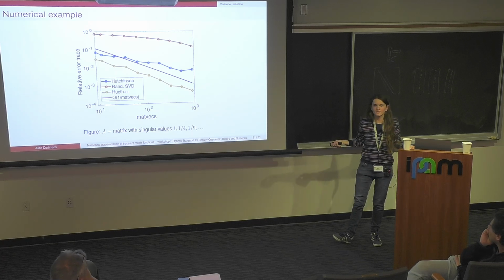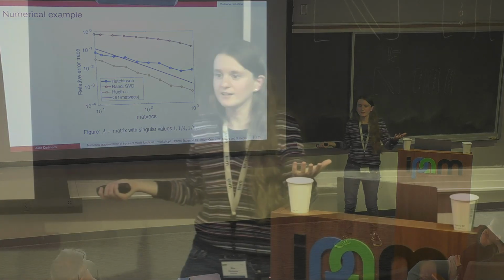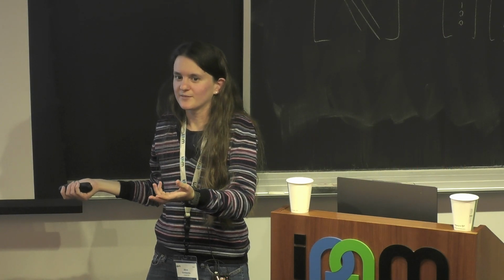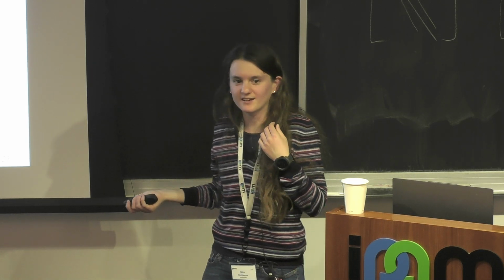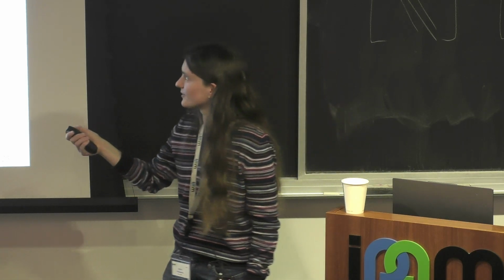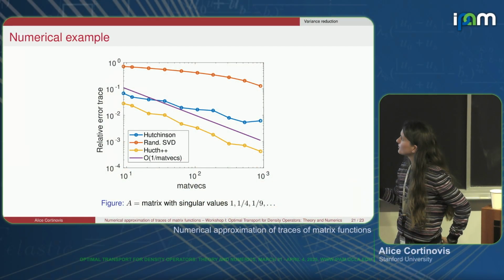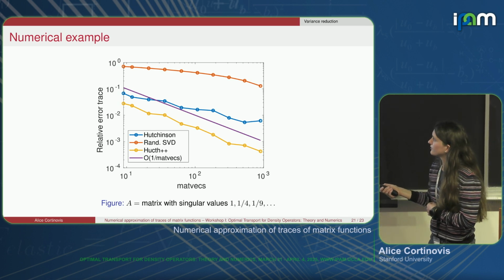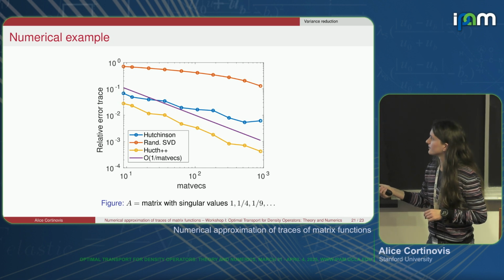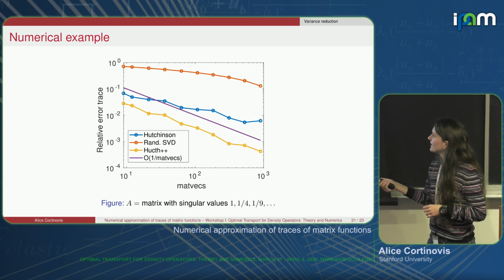Because one thing you could think of is, okay, I have a matrix A, I want to compute its trace. For this kind of business, I need to compute a low rank approximation. So why not just take the trace of the low rank approximation? So that's the red line. The blue line is pure Hutchinson. And then this combined technique, which is called Hutch++, is this yellow line here.